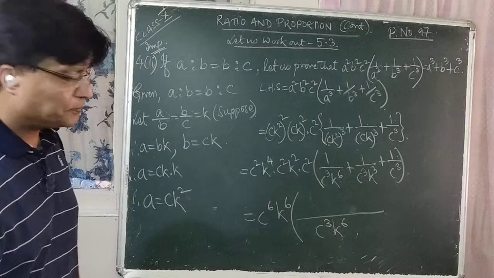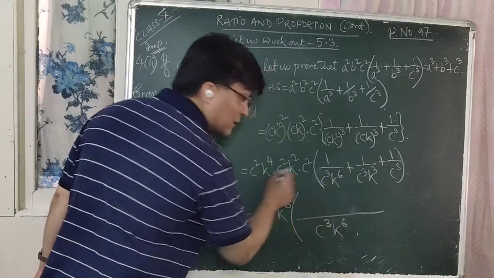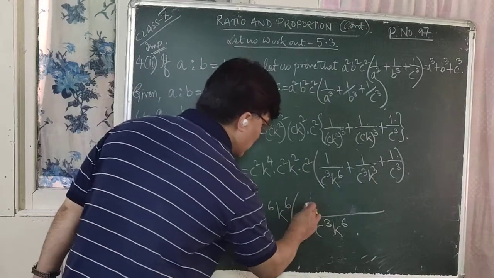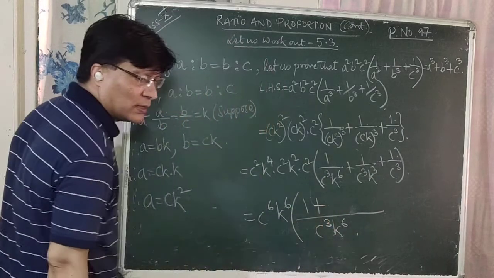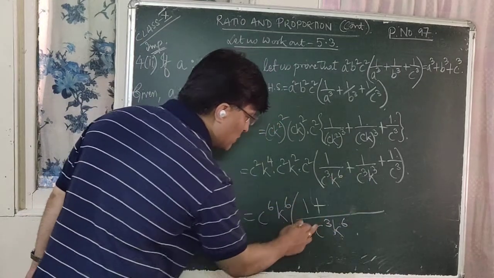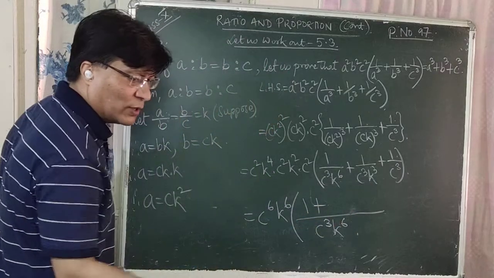Is that clear? Next. Now this LCM is divided by this term. c cube cancels, k's cancel, you will get 1 plus. Again this LCM is divided by c cube k cube. c cube cancels. Now k to the power 6 is divided by k cube. What do we get?